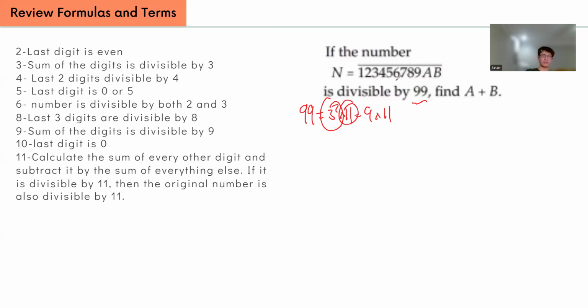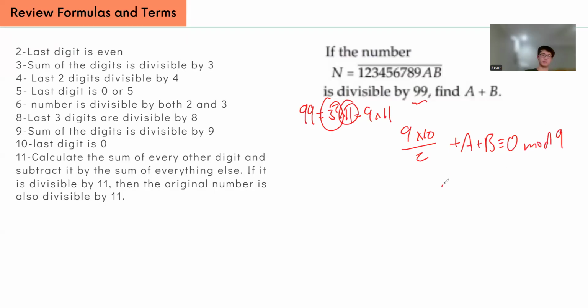For 9, the sum of its digits must be a multiple of 9. So 1 plus 2 plus 3 plus 4 all the way up until 9, plus A plus B, is divisible by 9. This part added up is 9 times 10 over 2, which is divisible by 9, so we don't have to worry about it.